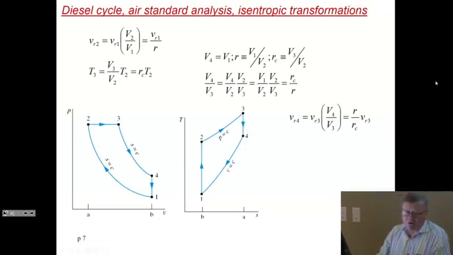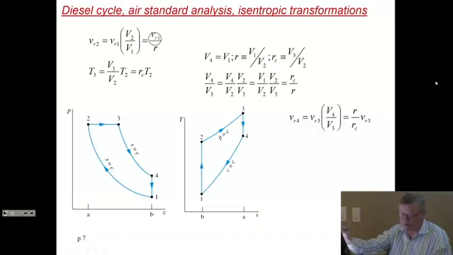Now, from here on, you have to do exactly like we did with the Ottos. You have to use a way to get from the points 1 to 2 or 3 to 4 using the isentropic transformations. So now we do the same thing as we did before. In air standard analysis, you use these reference volumes, which are really the same thing as entropies, and you have VR2 is VR1 over R. So you need this to derive the thermodynamic properties of state 2 from those of state 1.